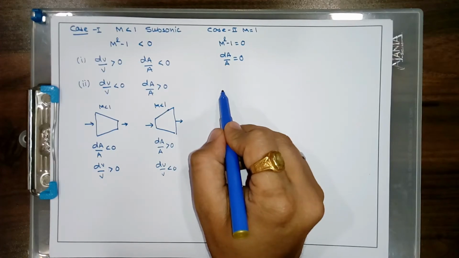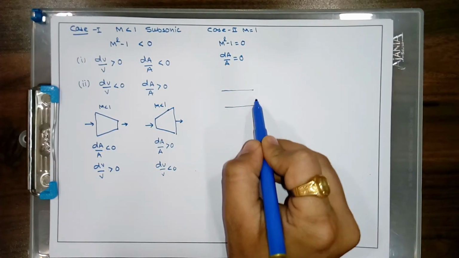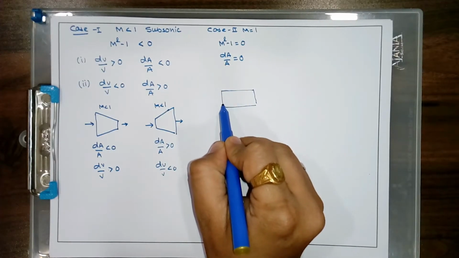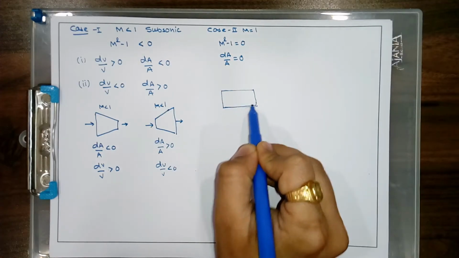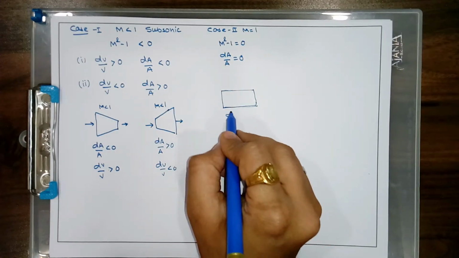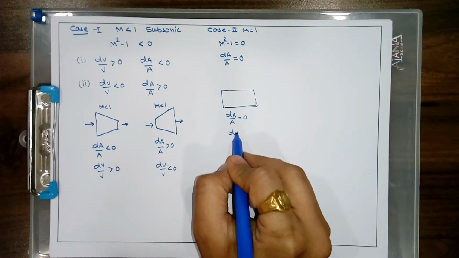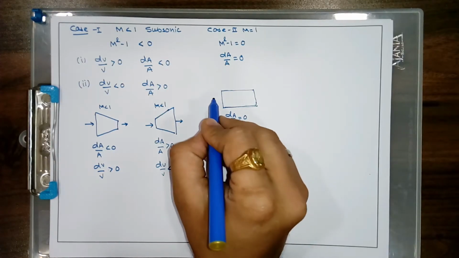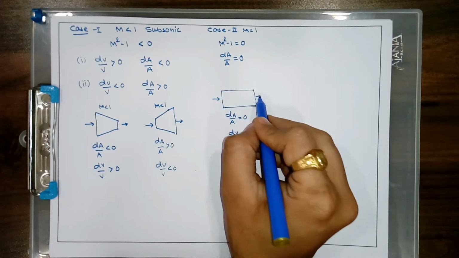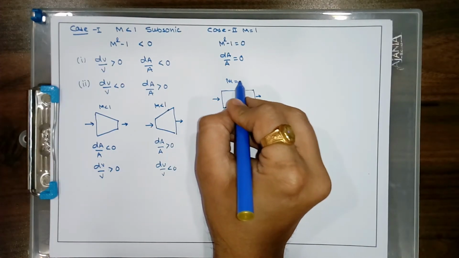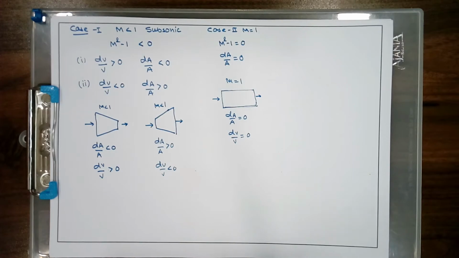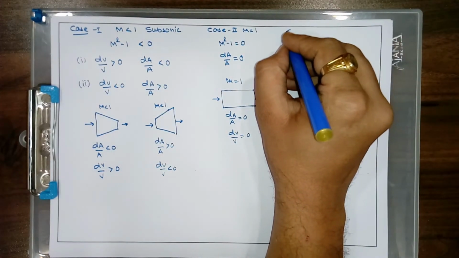So there is no variation in cross-sectional area. So dA by A is 0, dV by V is also 0, and the flow happens in this direction for Mach 1. Now we discuss case 3, which is very important.